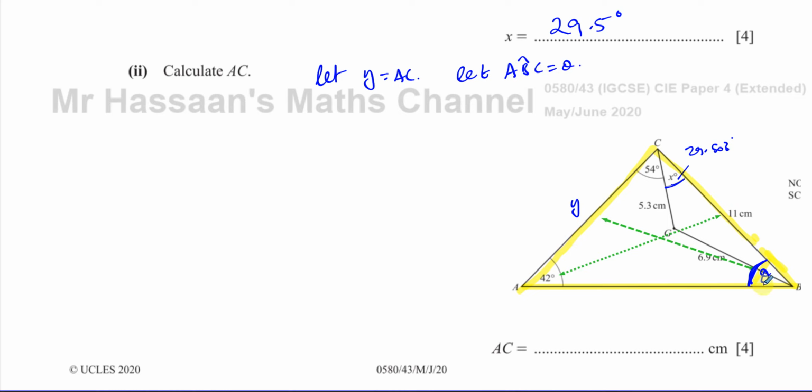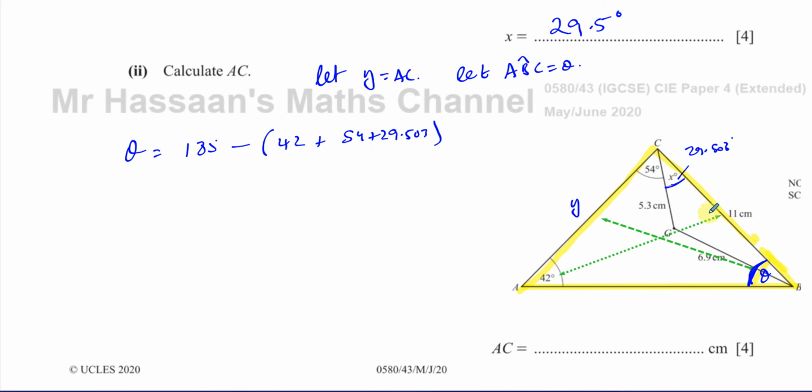So I don't have to keep writing ABC all the time. I know that theta is equal to 180 minus the sum of these two angles, which is 42 plus 29.503. Together, those two make that third angle.